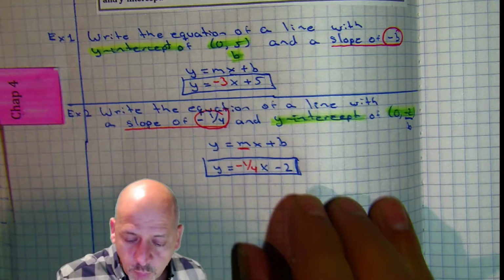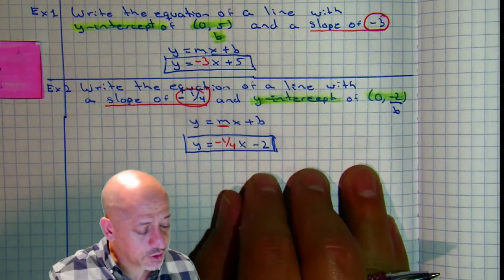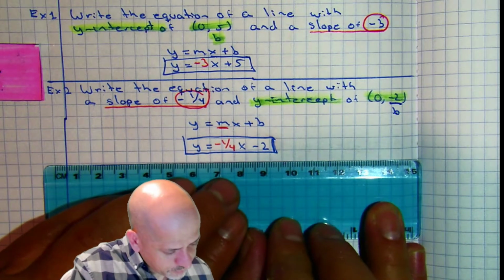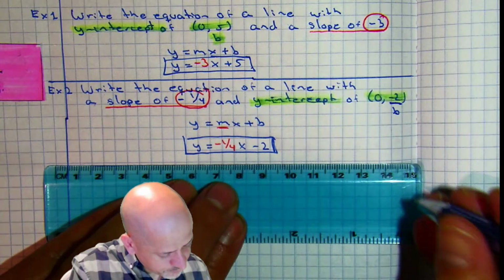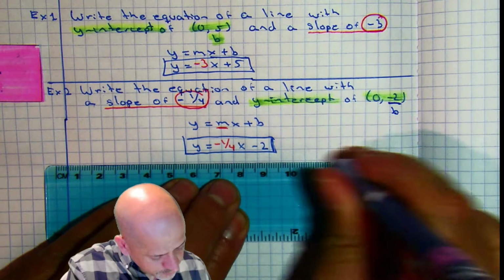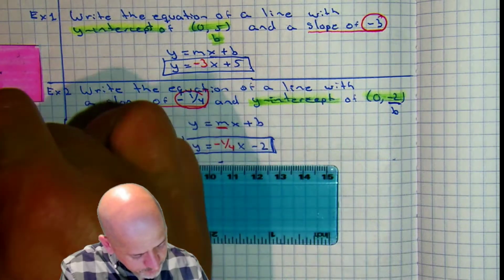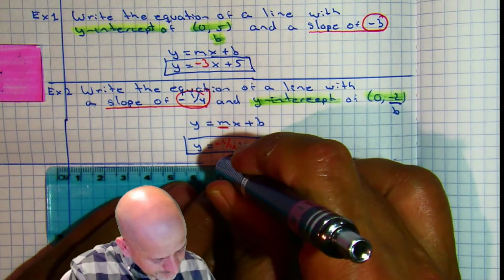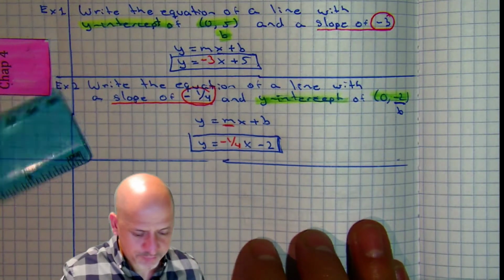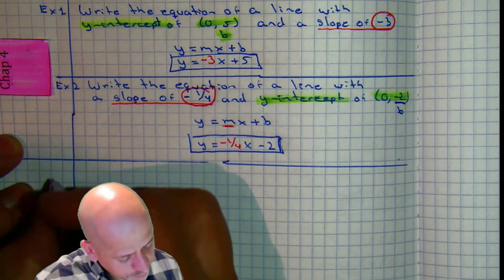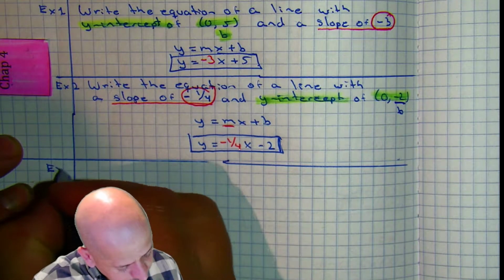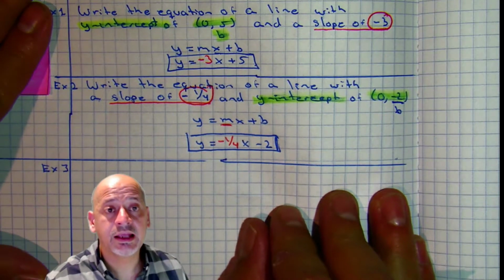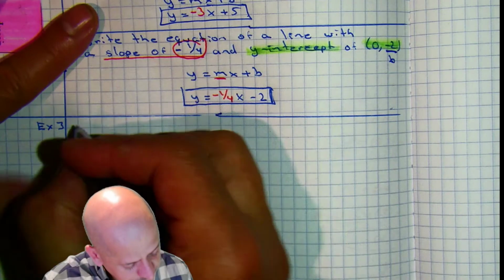For example number 3, we are going to use the graphs that are in the new cutouts. So let me place my line through. We'll try once again. There you go. And example number 3. Find the equation of the lines.